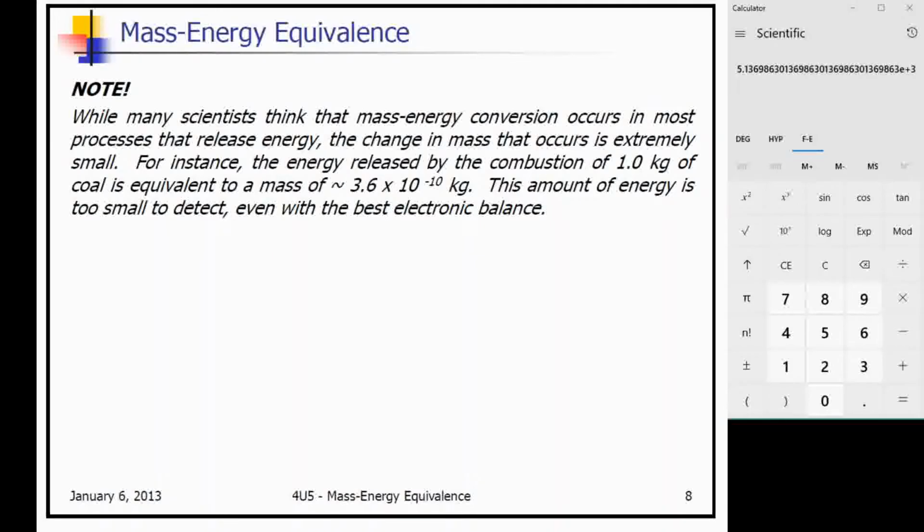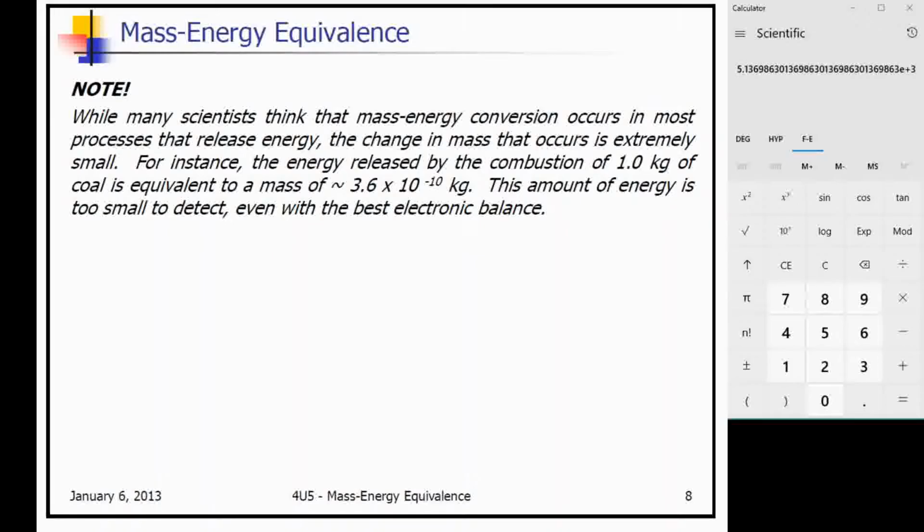So again, it says here, while most scientists think that mass energy conversion occurs in most processes that release energy, the change in mass that occurs is extremely small. When we talk about energy that we get from combustion, from burning coal, for example, if we had a kilogram of coal and we burn that, there is slightly less than a kilogram left.